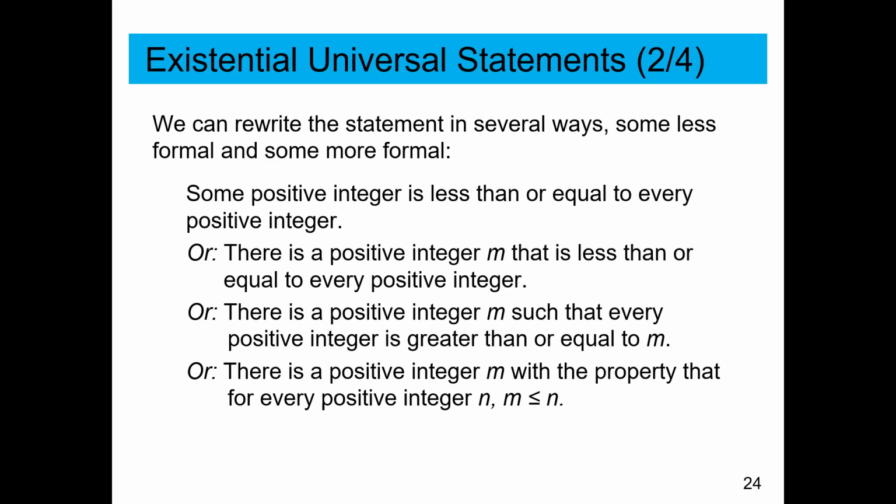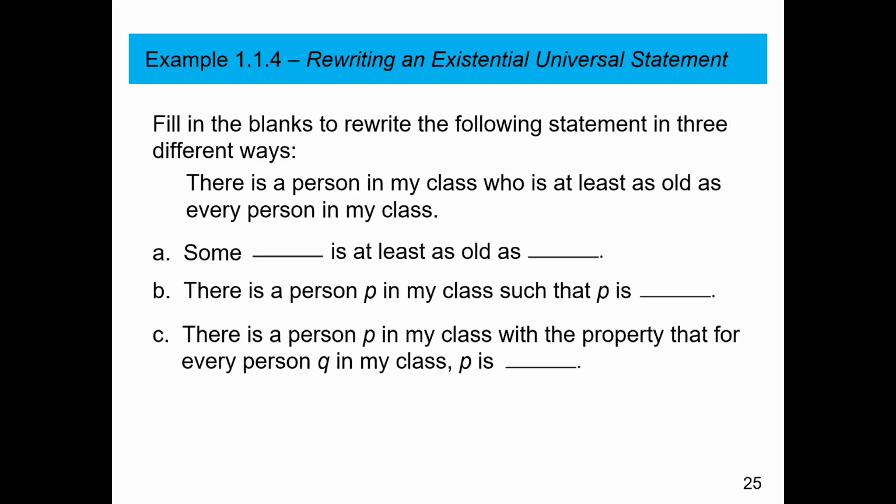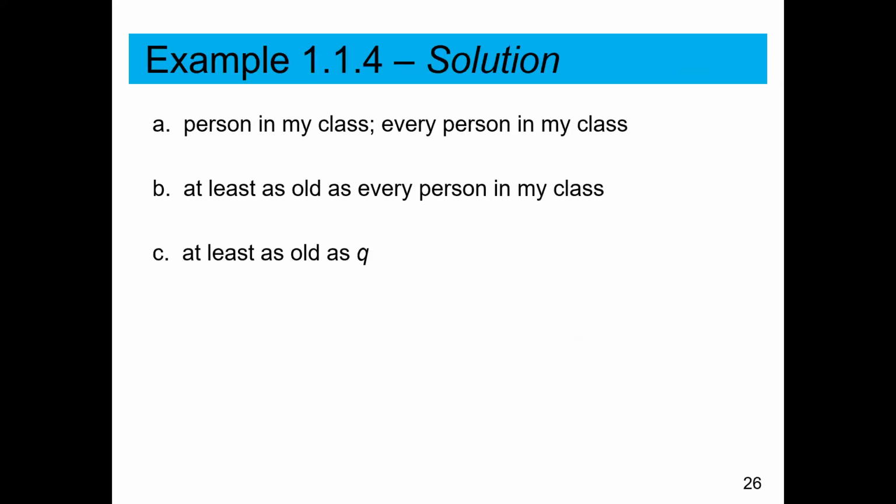So I can look at things from different sides. There's a positive integer m with the property that for every positive integer n, and now we wrote it mathematically, the inequality that we keep referring to: m is less than or equal to n. All right. So I'm going to go ahead and skip this rewriting exercise. You can pause the video and look at it if you want. And then if you want, here are the quick answers.